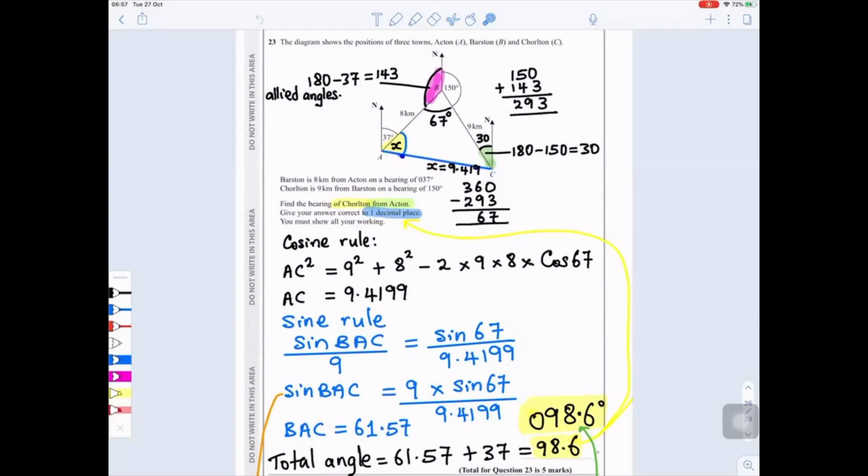So the blue line AC squared equals the square of this side, 9 squared, plus 8 squared, this side, minus 2 times 9 times 8 cosine of the angle opposite AC, which is 67. And how did we get 67? We get it from 360 degrees minus 293. That gives you 67.